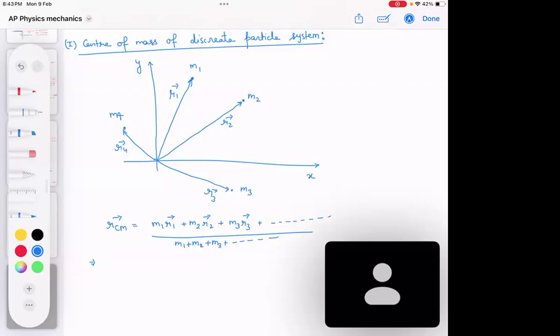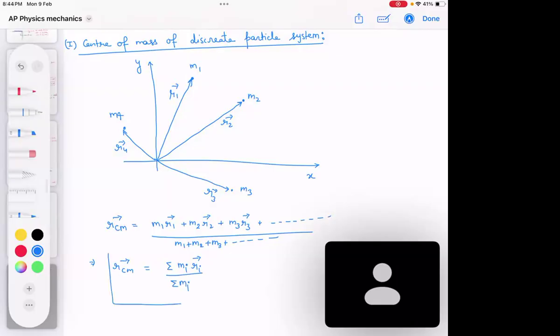So that's why you can also write RCM in the summation form like this: summation of mi ri divided by what?